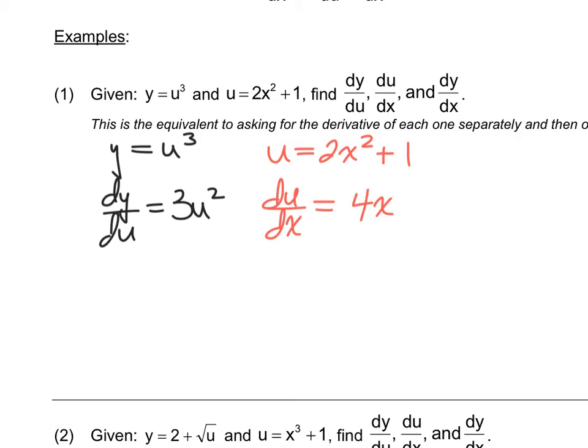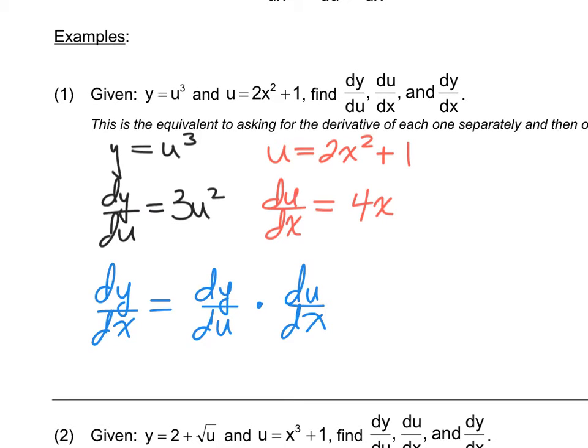All right, the last component, once you have all that, the rest is easy, because dy/dx is going to be equal to dy/du times du/dx. So we're taking this and multiplying it by this, but not in symbolic form, not the dy over du and the du over dx, but what they correspond to.